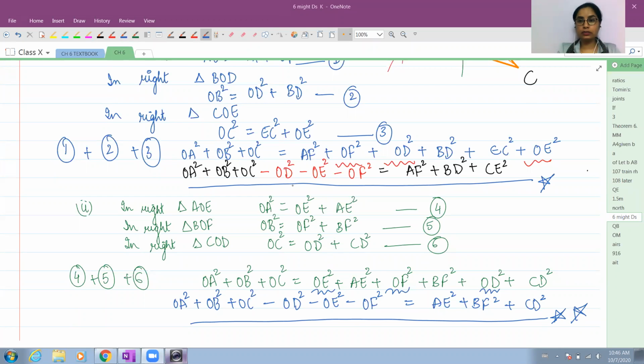LHS is same. So for star and double star, since left hand sides are same, we can equate the right hand sides as well. Is that correct? Yes, ma'am. So simply from star and the double star results, we will have the right hand sides equal to each other, which proves the result you have to in question number 8.